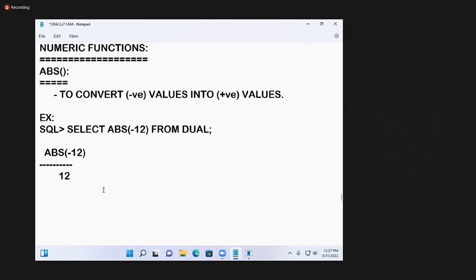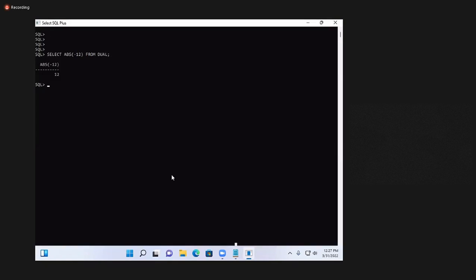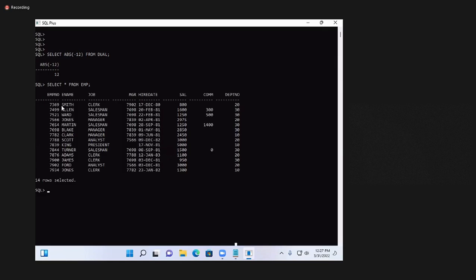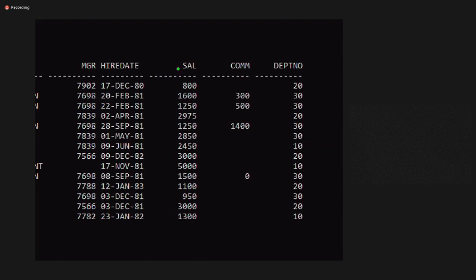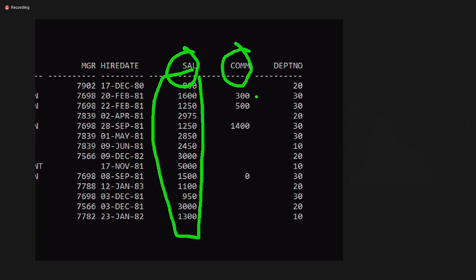And one more example. For example, guys, let me come back to the table. This is my table, and carefully observe the table information. In this table, we have salaries as well as commissions. All are having some salary, but in commissions, a few people have a commission and the remaining few are null, empty cells.